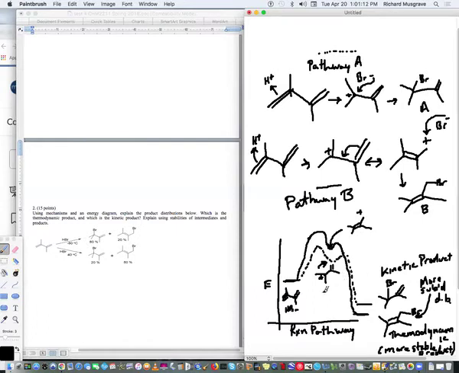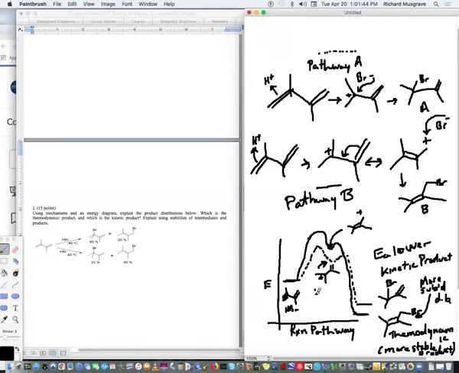And this here, the activation energy is lower. And there's a difference in stability between these. This is the more stable carbocation. No, it's not. Sorry, I'm lying about that.